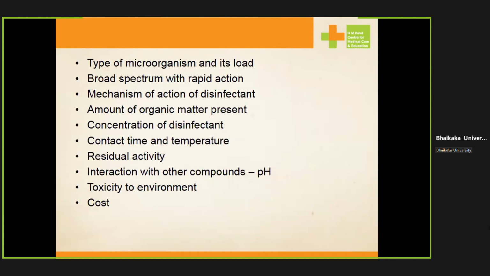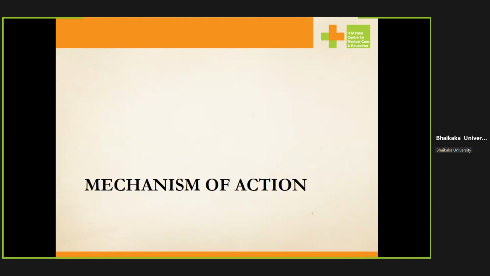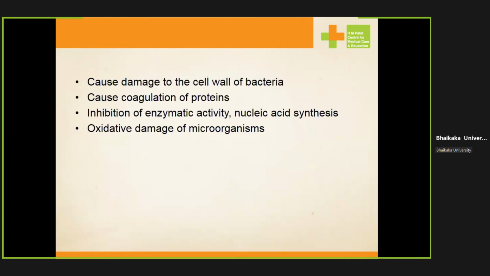How do these disinfectants or antiseptics act? The common ways are by killing bacteria by damaging their cell wall, or some of these disinfectants or antiseptics may just coagulate proteins in the bacterial cell, and therefore the bacteria would be killed.